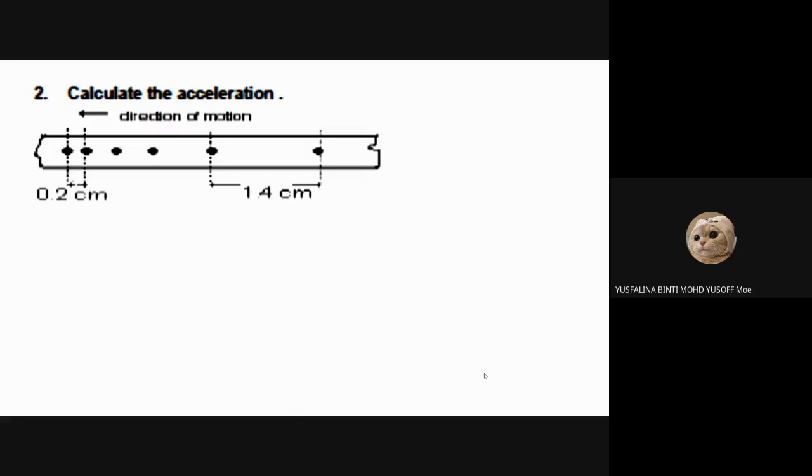-600 cm s^-2, right? Let's see if your friends got the same answer. Anyone? If it's wrong, it's okay.